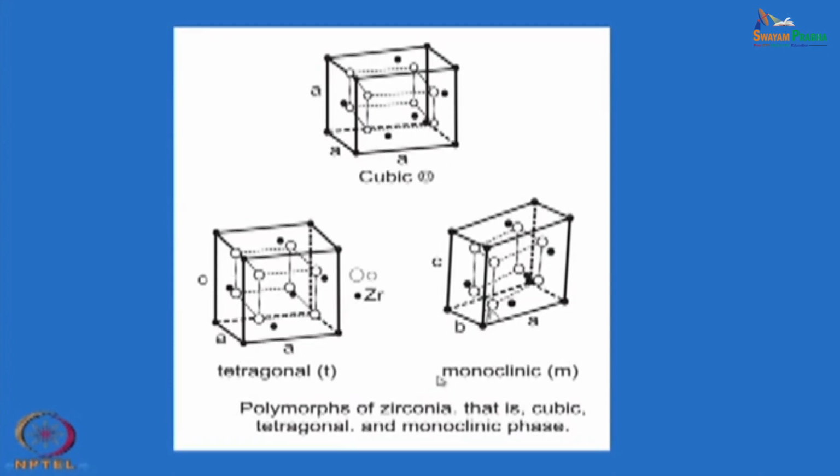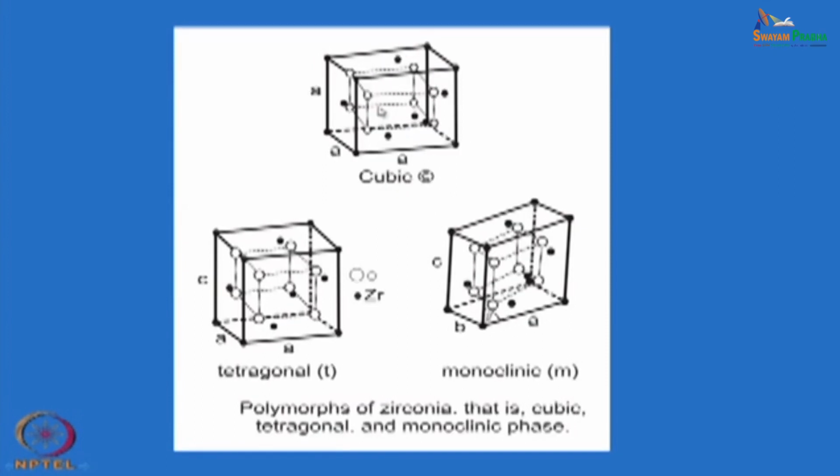We have seen just before this slide that zirconia has a cubic fluorite structure, but not all zirconia has the cubic fluorite structure. We have a cubic modification. So, this is the distribution of atoms in the cubic fluorite structure.